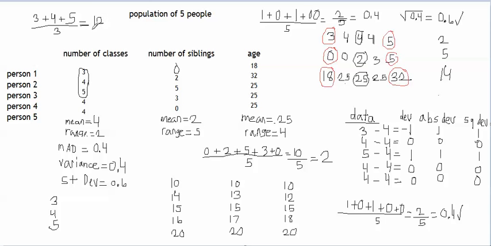It actually still comes out to 4, I think. Usually it won't come out the same, because usually when you take a sample out of the population, the mean of the sample won't be the same as the mean of the entire population. But in this case, it happens to be the same.